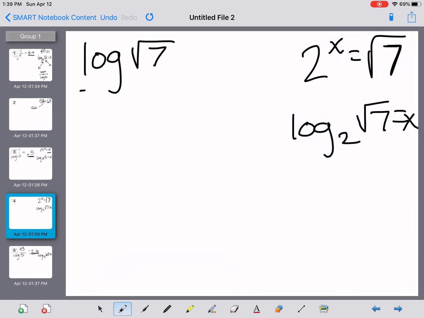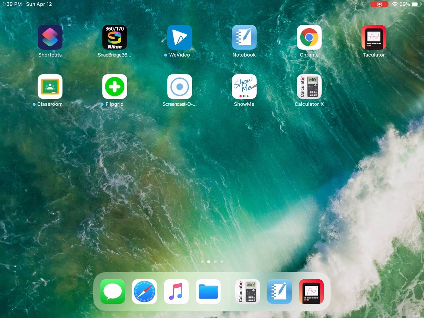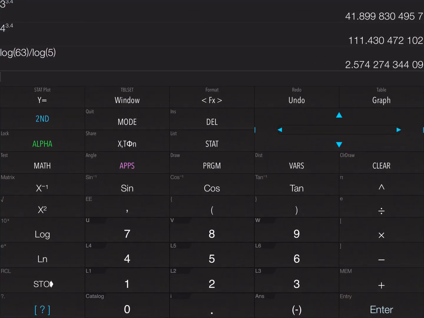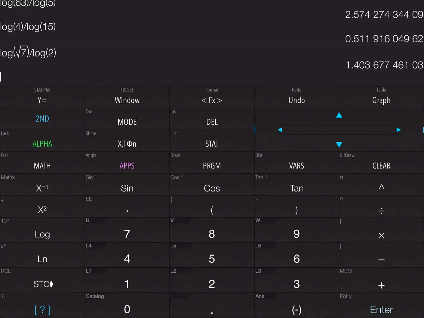So log of root 7, it doesn't matter what that is. We can punch that in, and log 2. I hit second, root 7, divided by log 2. There we go, 1.4.